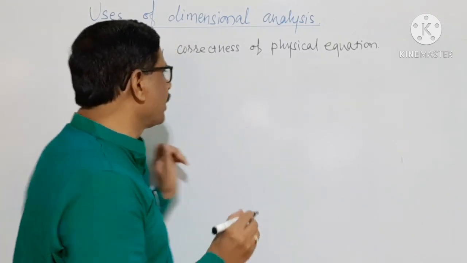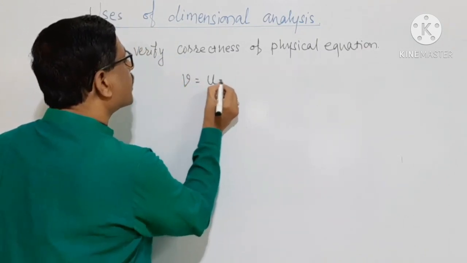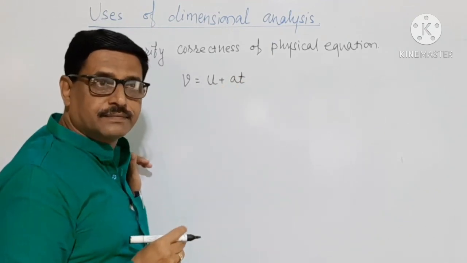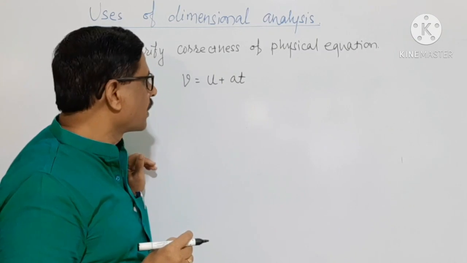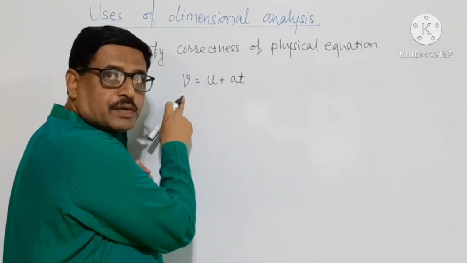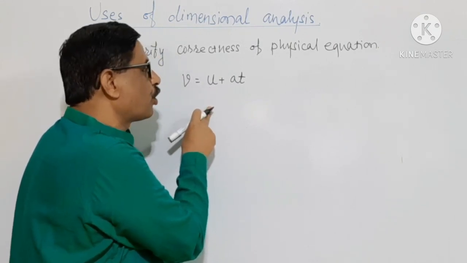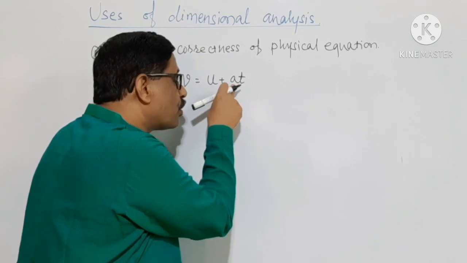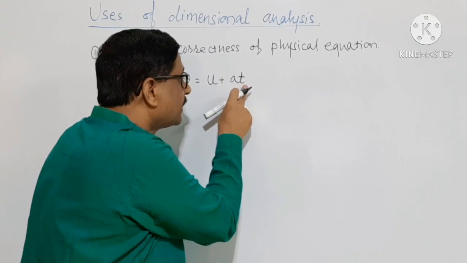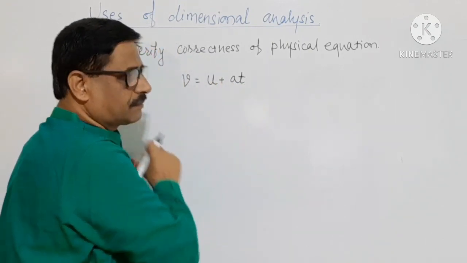The kinematical equations for a moving body along a straight line are: one is v is equal to u plus at, where v is the final velocity of the moving body, u is the initial velocity of the moving body, a is a constant acceleration with which body is moving, and t time taken to change the velocity from u to v.